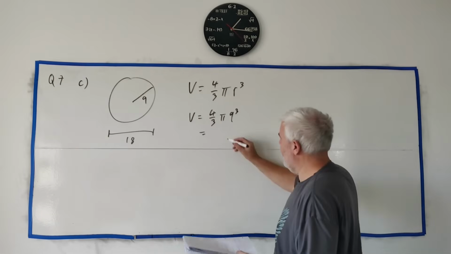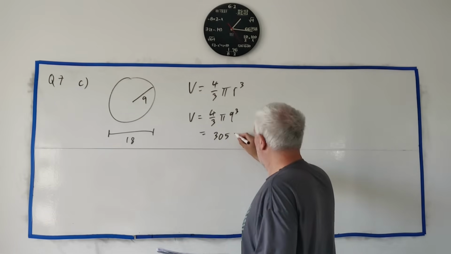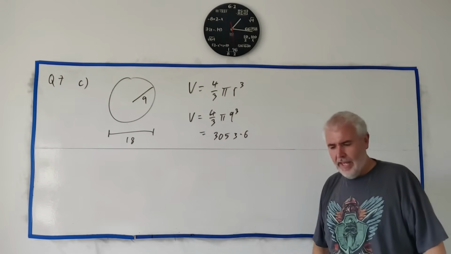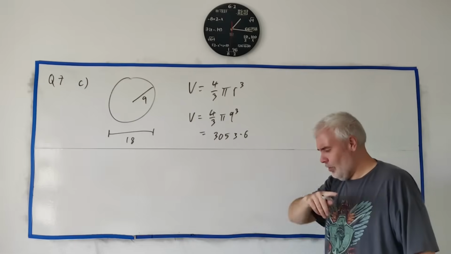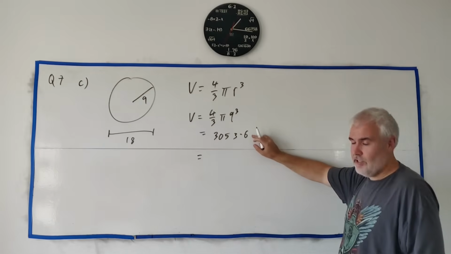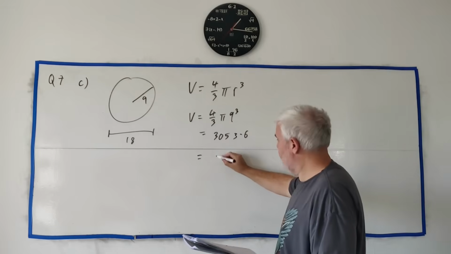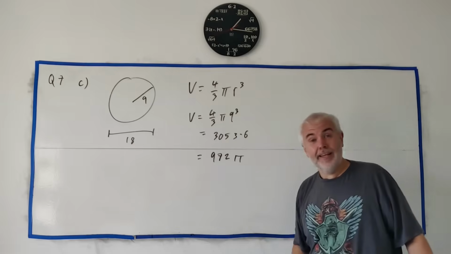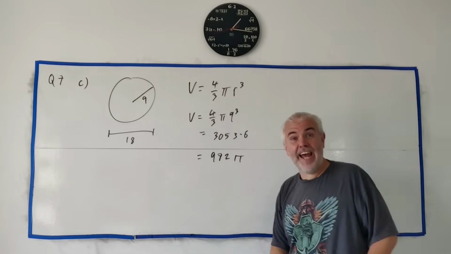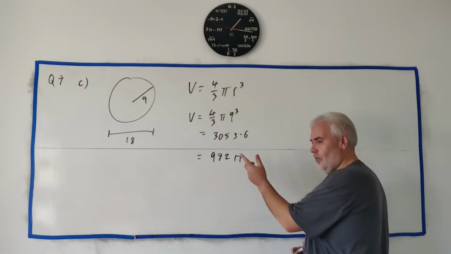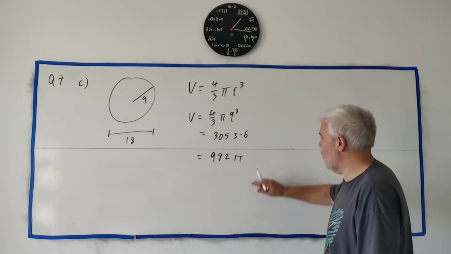If you put all that into your calculator, you would get 3053.6. You'll lose a mark for that. If you put it into my calculator, and probably yours, my calculator doesn't actually give me this until I press an extra button. It first of all gives me 972 pi. This is the correct answer because they asked for the answer in terms of pi. There's two ways you can do this. You could do it on my calculator and probably many of yours.